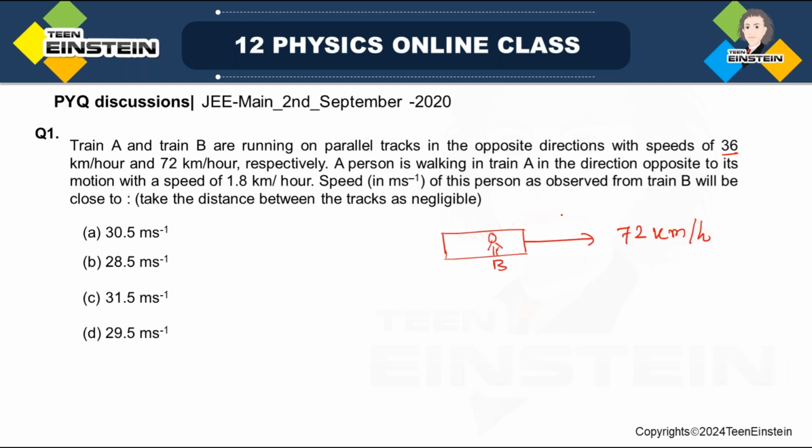If I want to write it in terms of meter per second, I have to just multiply by 5 by 18. So this ultimately becomes 20 meter per second. So VB is 20 meter per second.